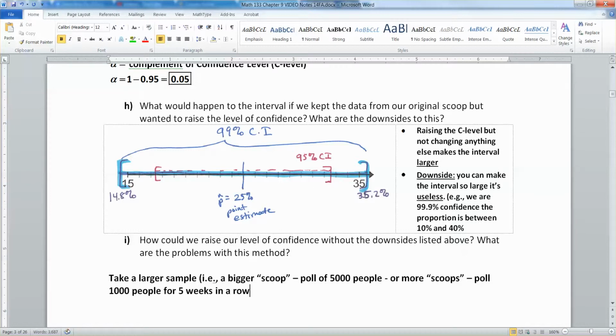And the latter one is what they tend to do more often with, for example, political polling. If you take a larger sample, either by taking a bigger sample in the first place or by taking more samples, that'll work. What will happen is that it lowers the sampling error.